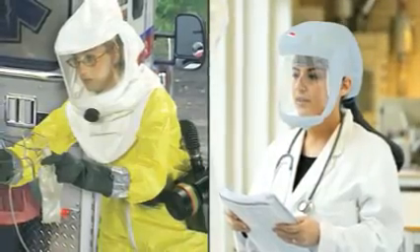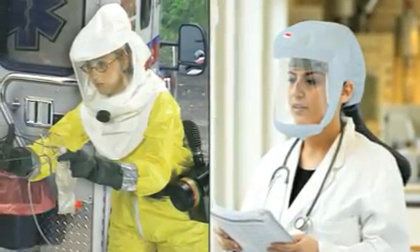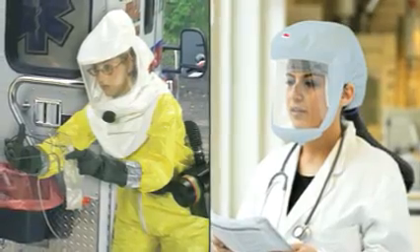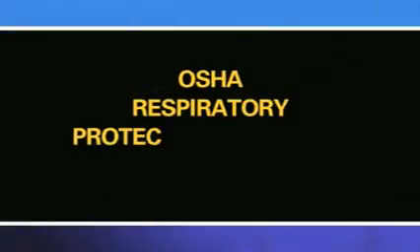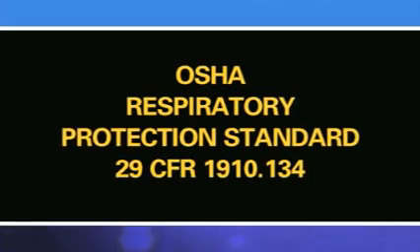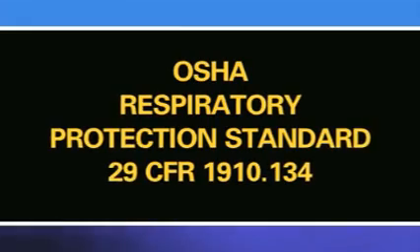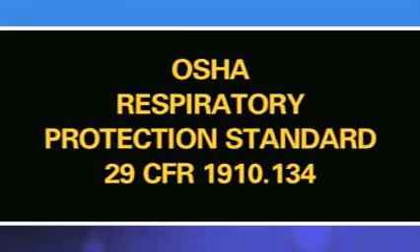When a respirator is required, your employer must develop and implement a comprehensive respiratory protection program. This program must meet the requirements of either federal or state OSHA's Respiratory Protection Standard. Employers must comply with the standard, and you need to have a basic understanding of their responsibilities.